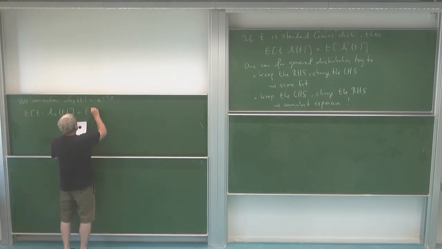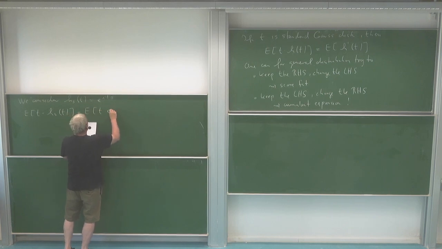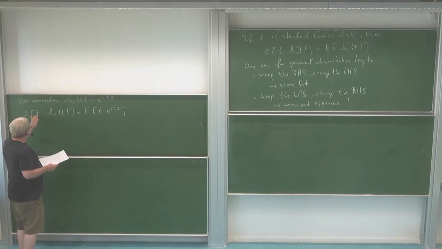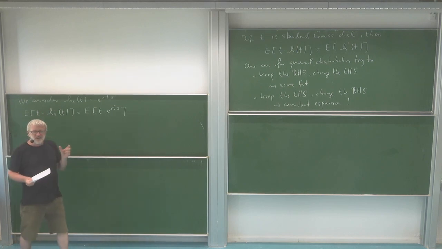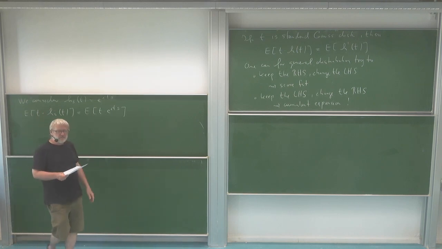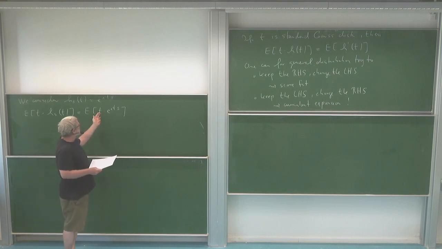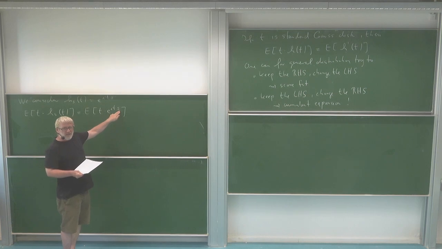So I have here t times e to the i t s. s is a parameter. Now the question is, how can I produce this t out of my function in a way which I can deal with? And of course, if I have it like this, I can get the t down by taking the derivative with respect to this parameter s.